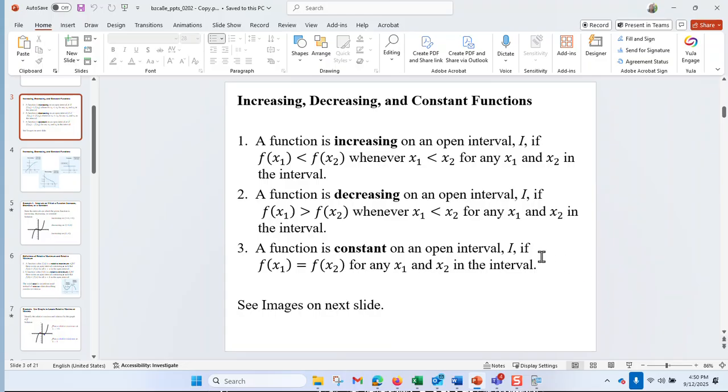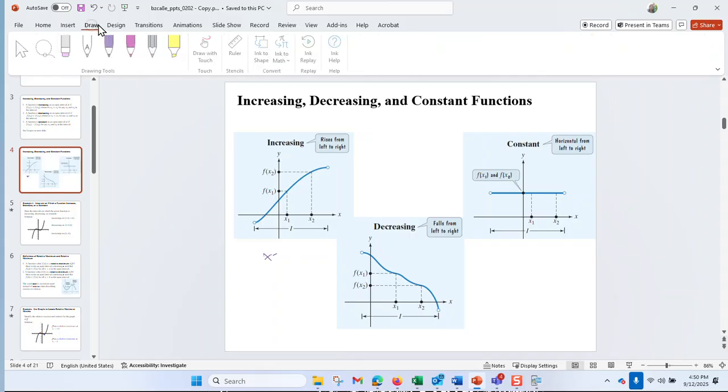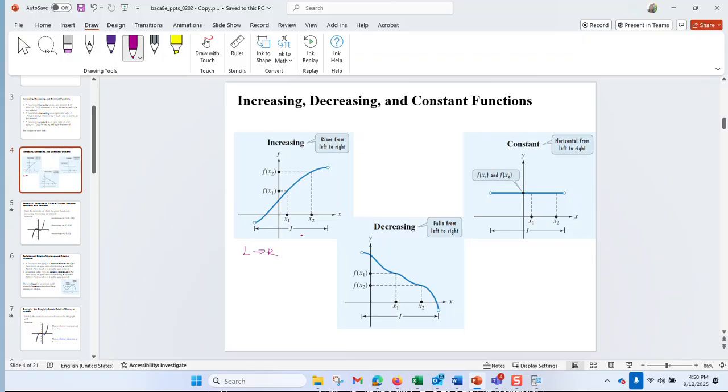So what are increasing and decreasing functions? Let's look at the graph in here. We're gonna talk about the increasing. From left to right, x is increasing.